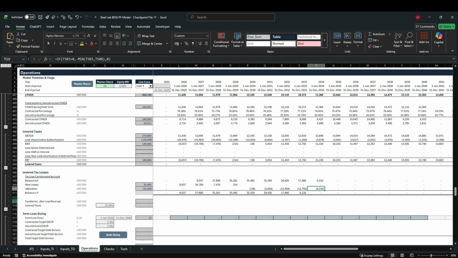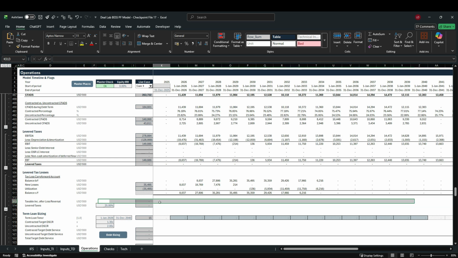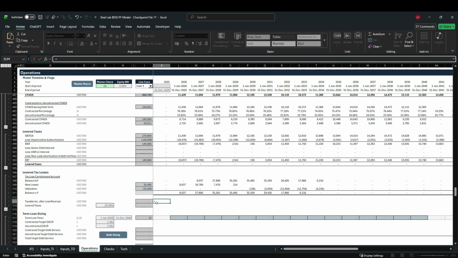That then allows us to calculate our actual taxable income after tax loss reversal. And that is going to equal, as previously in our unlevered lesson, max of 0. We want to make sure that our taxable income never turns negative, comma, and our earnings before tax in 503 plus our actual utilization in our tax loss carried forward account.